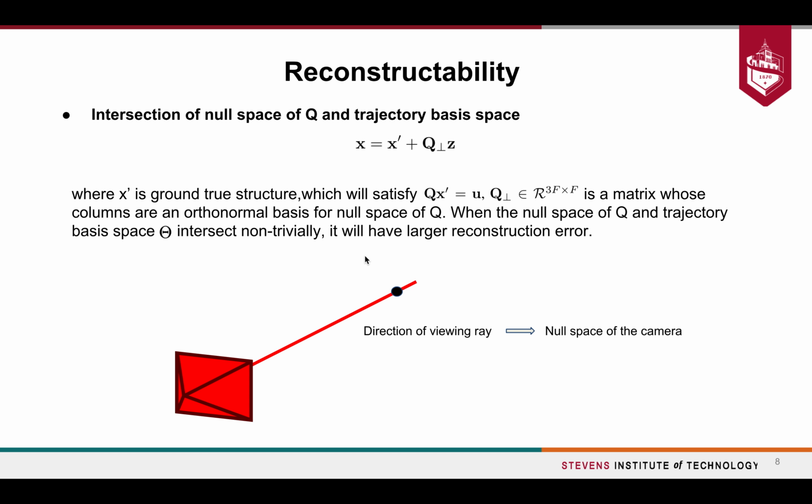With more trajectory basis, meaning a larger number k, there is more possibility of a bigger intersection.